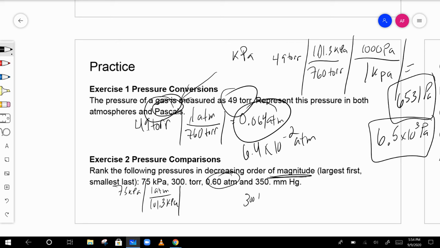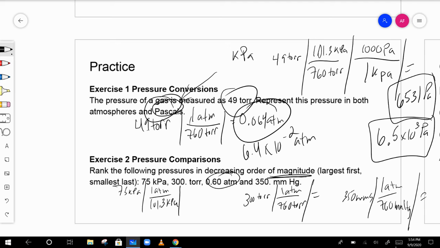We have 300 torr, 1 ATM is 760. And then 350 mmHg, 1 ATM for 760 mmHg. So you're just doing all that math right there. You get 0.74 ATM.